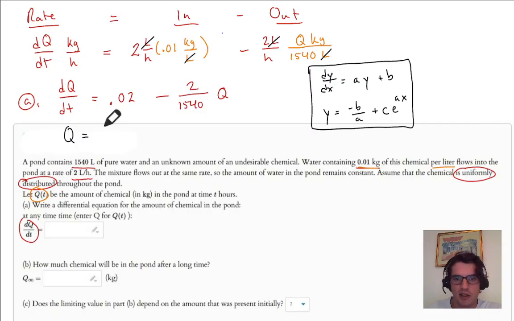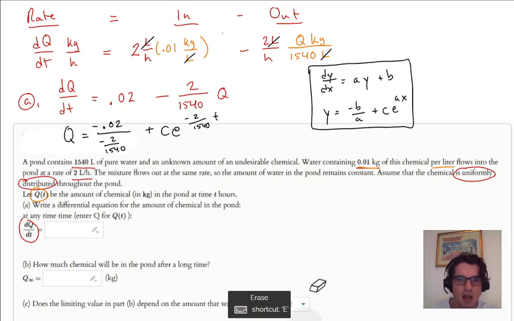So what is that? Well, b in this case is 0.02, negative, over our a, which is negative 2 over 1540, plus c e to the ax, negative 2 over 1540. And instead of x, we have t. So this is great.